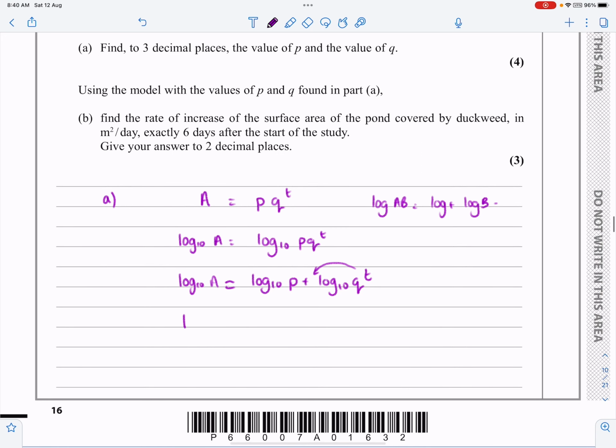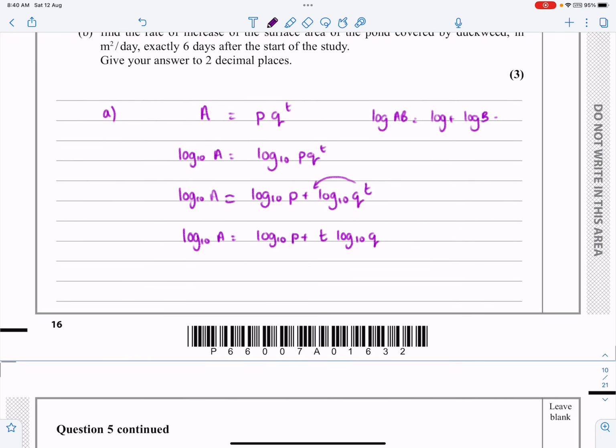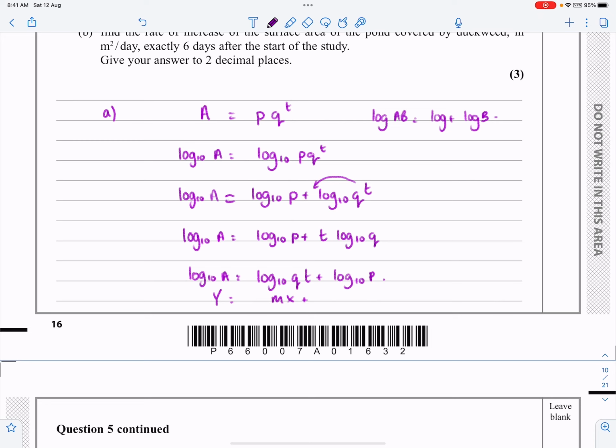And then we'll use another one of our log rules to be able to bring that power down. So I'm going to get log 10 A equals log 10 p plus t log 10 q. Now, because I'm going to be drawing the graph of log 10 A against t, let's just rearrange this slightly and say log 10 A equals log 10 q times t plus log 10 p, just so that we've got it in the form y equals mx plus c.